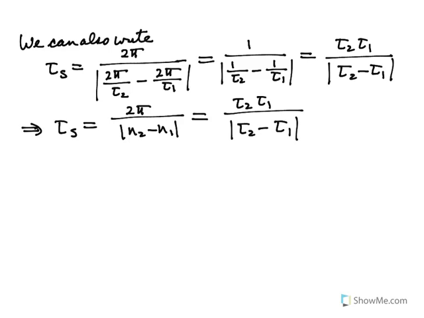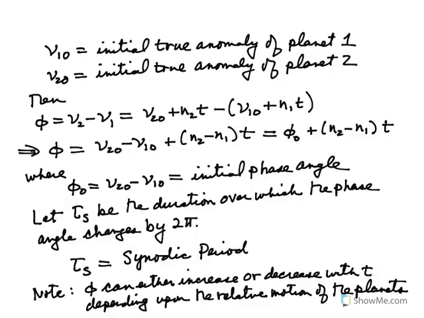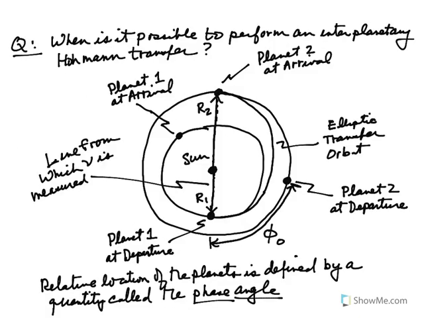So now what we can do is figure out from the diagram what the start phase angle needs to be in order to make the transfer possible. If you go back a few pages to this diagram, you'll see the phase angle that I marked, phi 0.